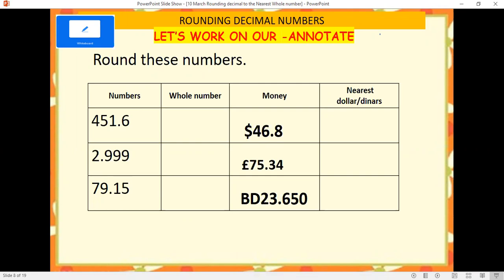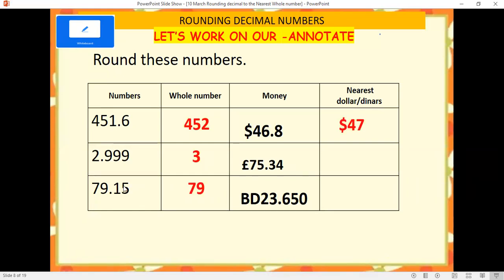Okay, are you done? Now, let's see this one. 451.6 is 452. Why? Because 6 is 5 or more, so you add 1 more to 1, so that's why it became 452. Let's move to this one, 2.999. 9 is 5 or more, add 1 more to the 2, therefore we have 3. How about here? It will be 1 only, so just ignore it.